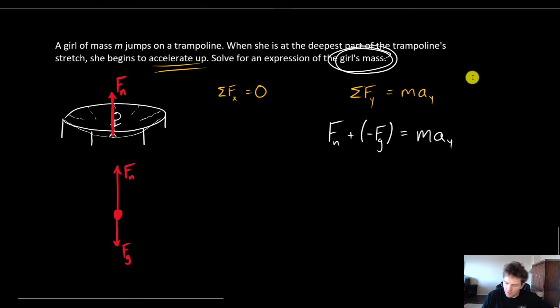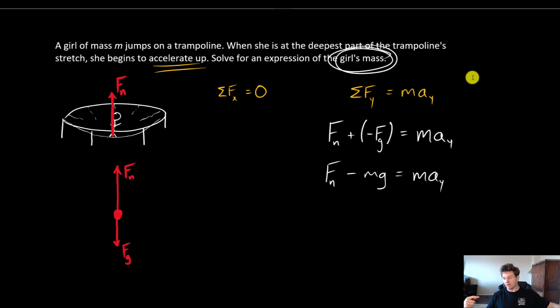All right. So let's plug in our expression for the weight, mg. And I know I need to get m by itself. So the only way I'm going to do that is by getting every term with a mass in it to the same side so I can then factor it out. So let's get this mg right here to the other side.